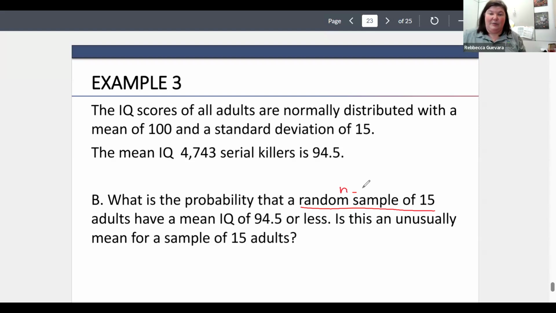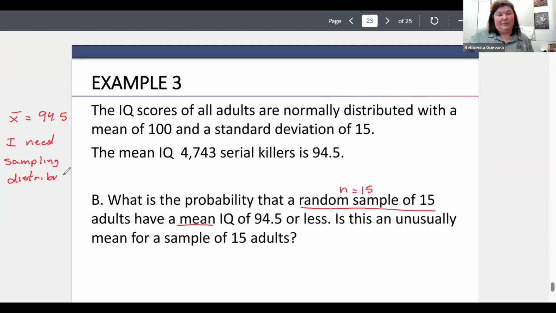So I'm giving you a sample size here, and then I ask for a mean. So what I'm looking for is an X bar. I'm saying that my X bar is 94.5, which means I need to look at this as a sampling distribution. I need a sampling distribution of means.